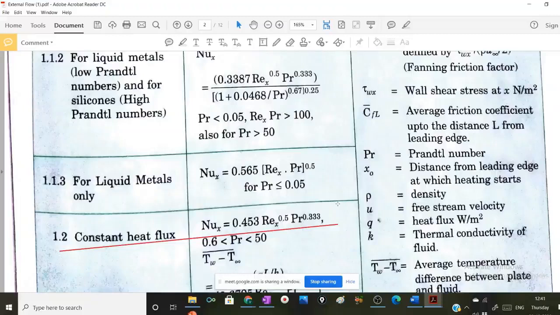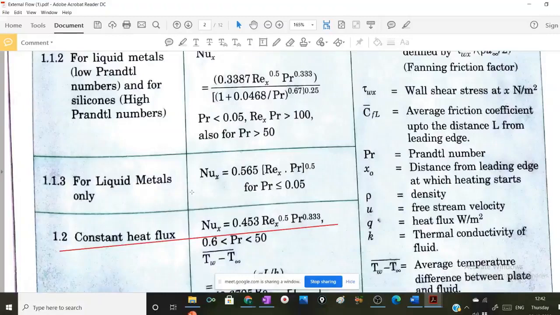So depending upon the boundary condition as well, this empirical correlation will change for Nusselt number, and depending upon the type of fluid flow as well, the Nusselt number expression will change. So two things are very important: if it is an external flow, whether the flow is laminar or turbulent, and what the boundary conditions are, whether constant wall temperature or constant heat flux.